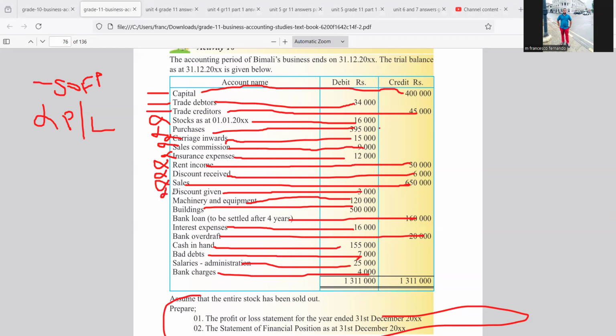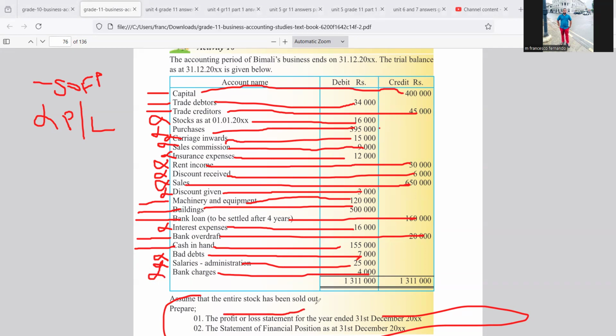Sales, PNL. Discount given, PNL. Machinery and equipment, SOFP. Building, SOFP. Bank loan, SOFP. Interest expense, PNL. Bank overdraft, SOFP current liability. Cash in hand, current asset. Bad debts, PNL. Salary for administration, PNL. Bank charges, PNL.